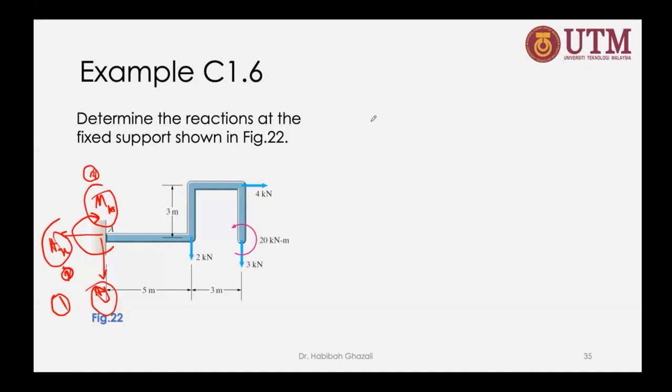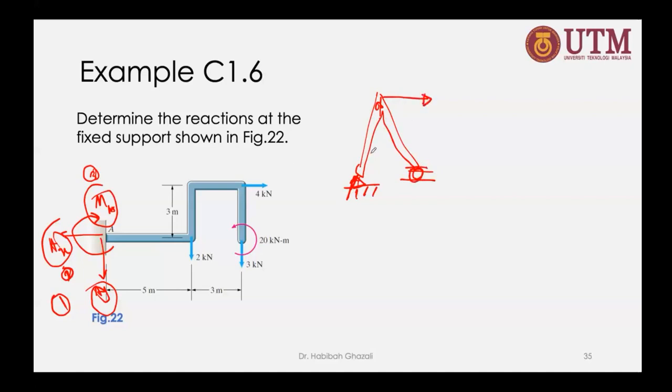Okay, so sometimes you have frames. Maybe you have frames looking like this, with a roller support here, and it consists of 2 members. You are asked to find the reaction forces, and then you have this. Sorry, my drawing is very ugly. And a force being applied here.